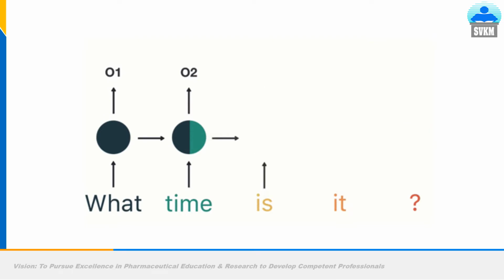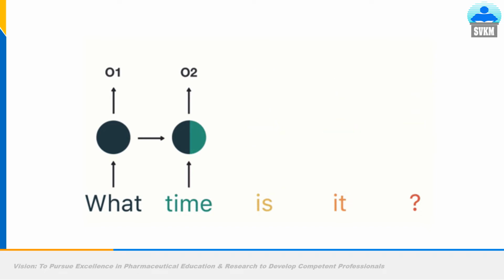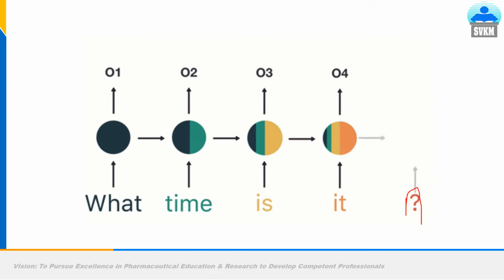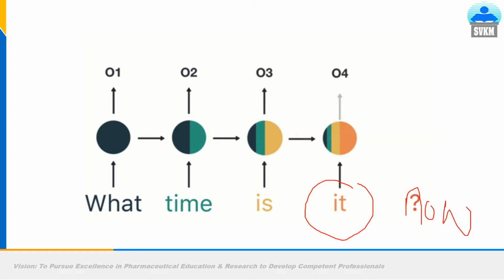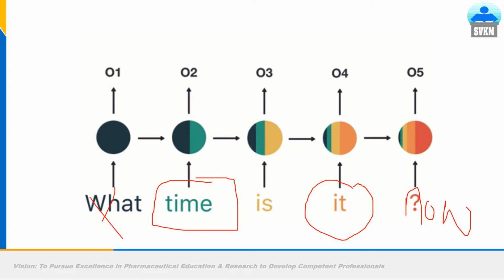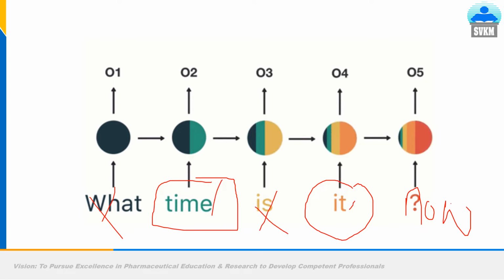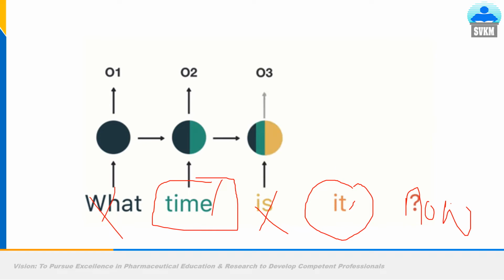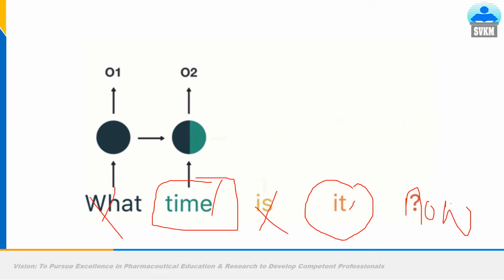It will understand that it may be "now". Here the word "time" is key. It remembers the earlier word, this time. It may forget some words, but time and it, so it will give now. In this way, it remembers the earlier token or earlier word and does not remember all the input data.